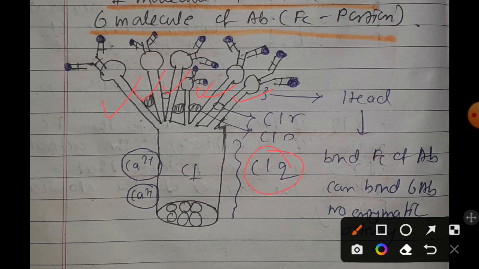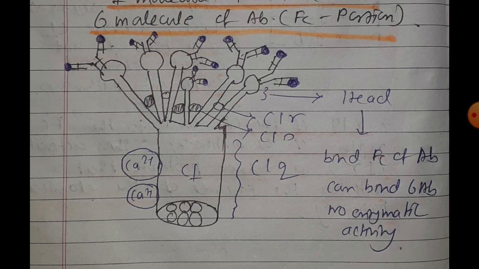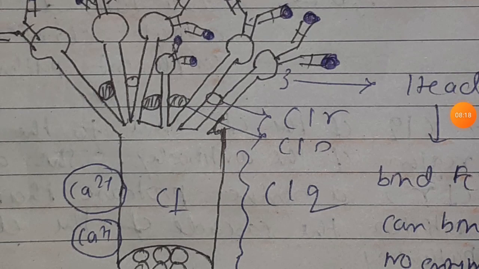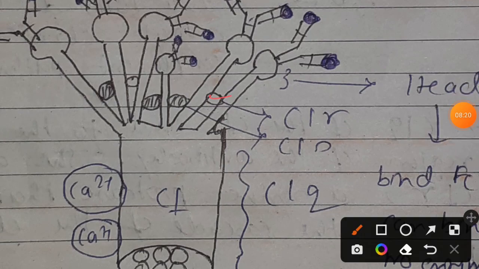So this is the part of the C1q. And in between them there are other proteins present, that is the C1r, this one is the C1s, it is again C1r, C1s. So what are they? They are serine protease. Because in the previous video I have told you that protease is going to activate the complement components.